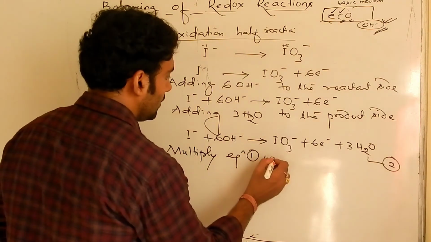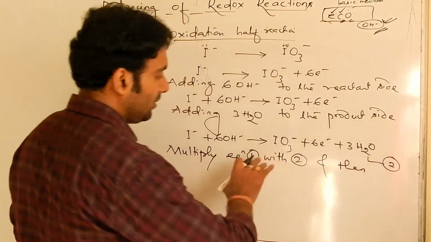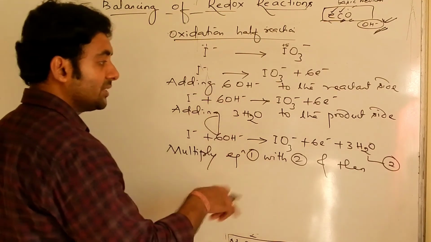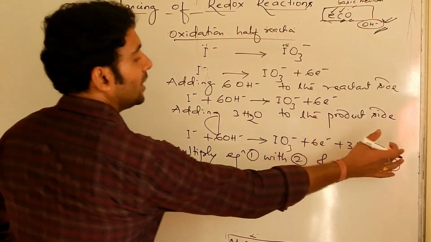So multiply equation 1 with 2, and then whatever equation you get after multiplying equation 1 with 2, you have to add with equation 2.